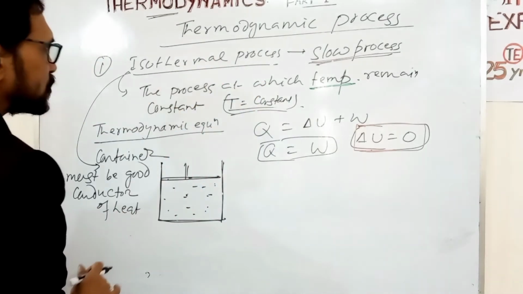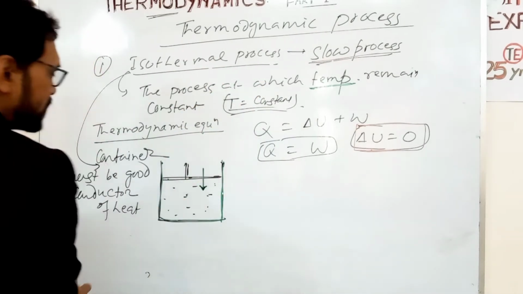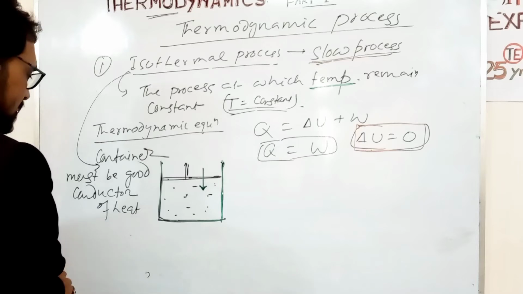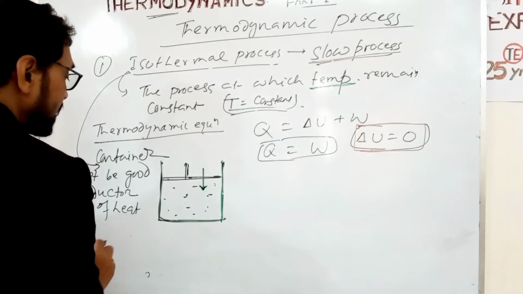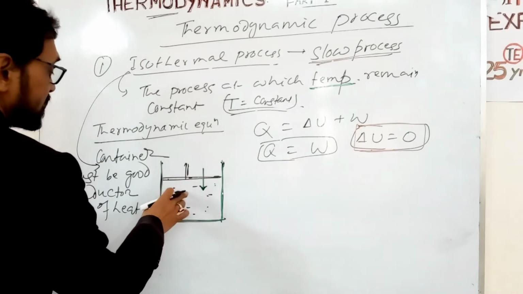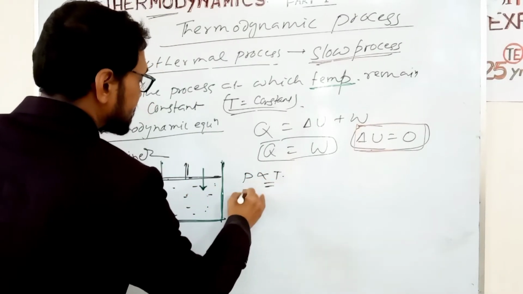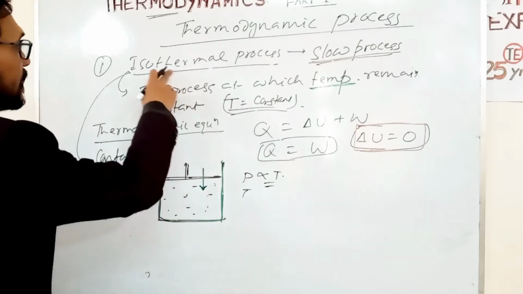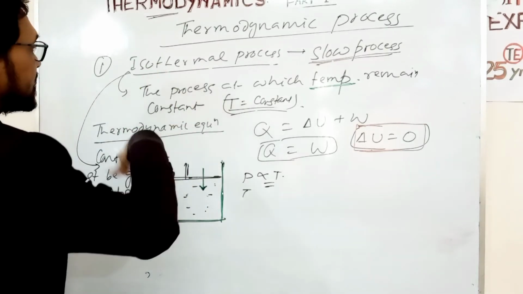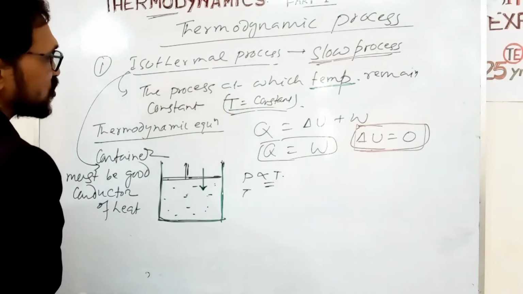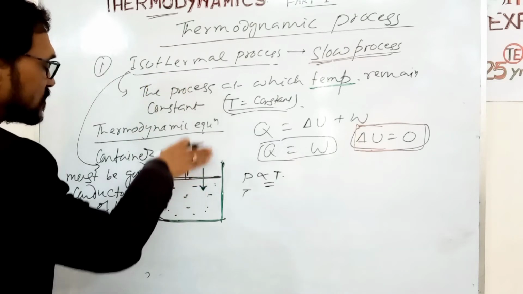Now why is it called a slow process? To perform the isothermal process, we compress the piston. If the gas compresses, then pressure increases, which means temperature increases. Our purpose is to maintain the temperature constant throughout the process.